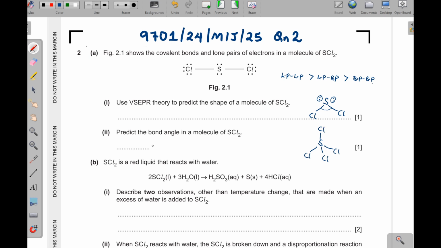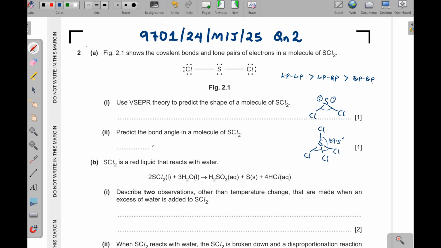Now this is tetrahedral, so this angle is 109.5, even these other ones, 109 to 110.